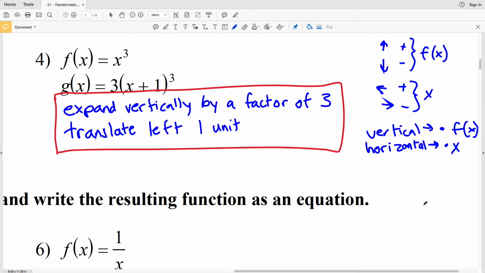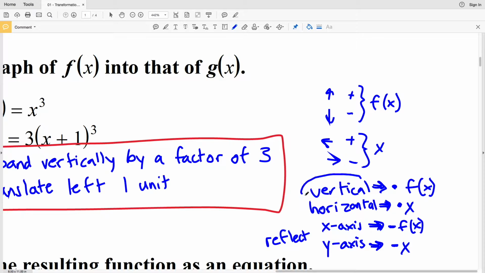And then lastly, for reflecting the function across the x-axis, that reflection is going to be if we took the opposite or multiplied by a negative to the function. Reflecting across the y-axis will be if we multiplied the variable by a negative or took the opposite of the variable.